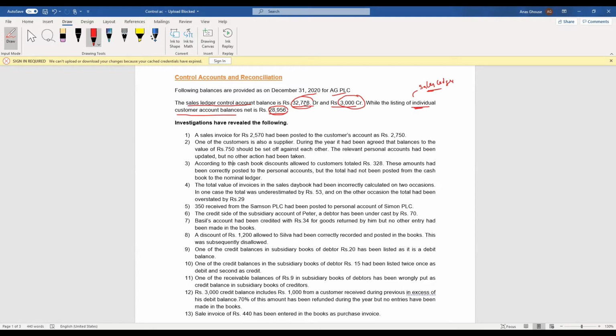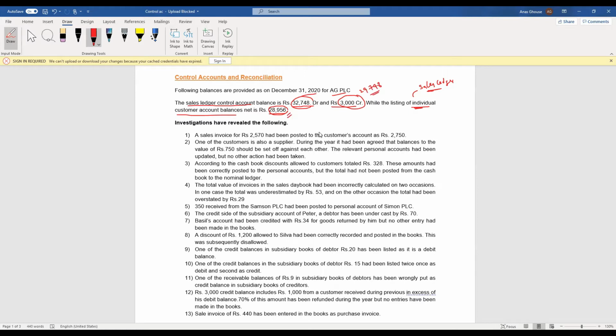So as you can see, this total, how much is that? 32,748 minus 3,000, which is 29,748. Okay, so these two balances are not matching.